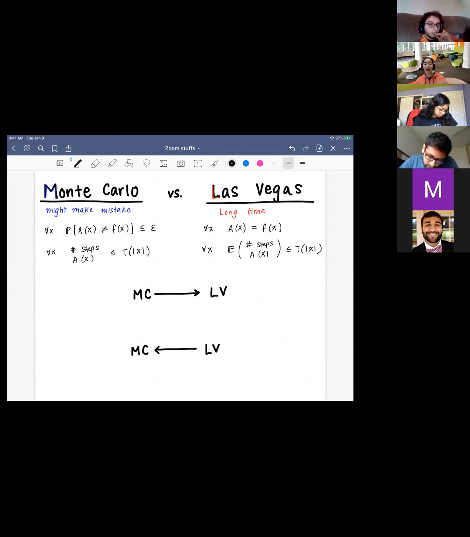And at a really high level, I want to talk about how you turn one algorithm into another. So for a Monte Carlo algorithm, in one sentence, can someone say how you turn it into a Las Vegas algorithm? Both of these are exercises in the textbook, turning one into the other. Yeah, awesome. So you just keep running until you get it right.